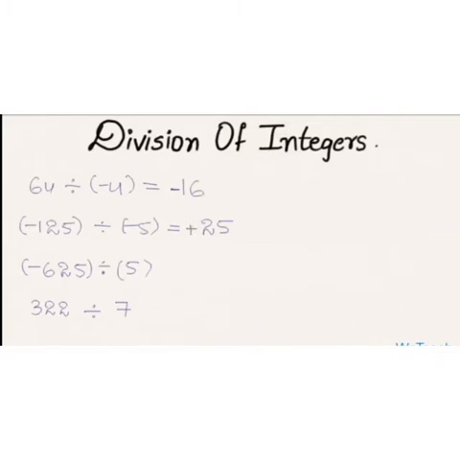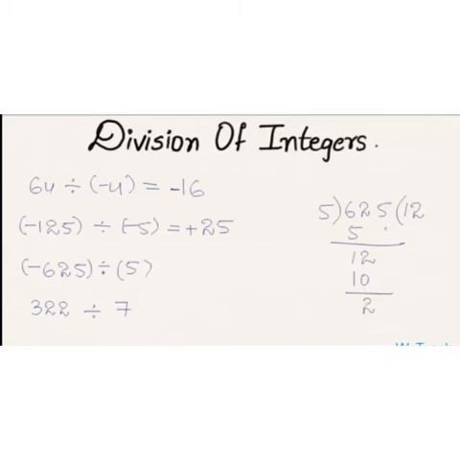Coming to the next example, that is minus 625 divided by 5. That is nothing but 625 divided by 5, and 5 one time is 5. So 6 minus 5 is 1, and bringing down the next digit 2, we get 12. Again 5 2 times is 10, so we get 2.